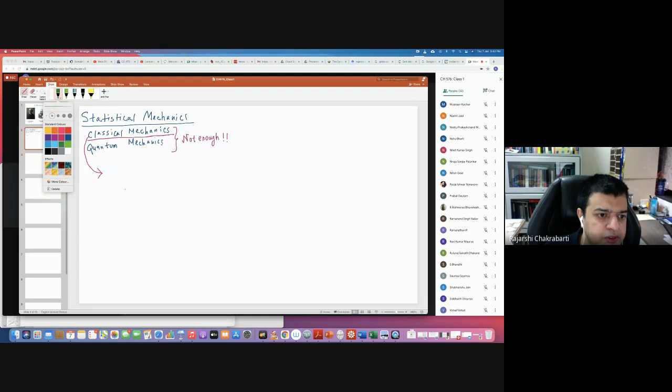I have a system which is described by its position coordinate Q and the momentum coordinate P. Then you have a set of equations which tells you how this Q and P evolve as a function of time.